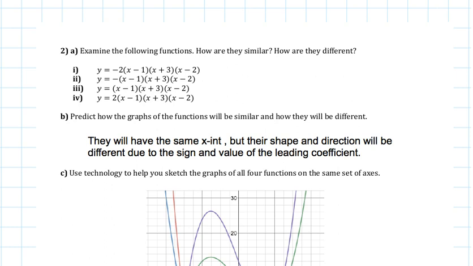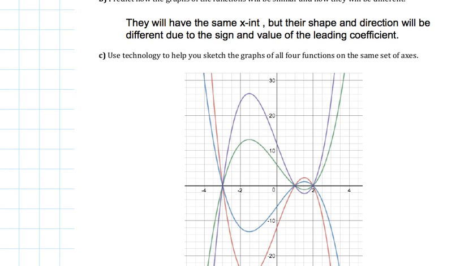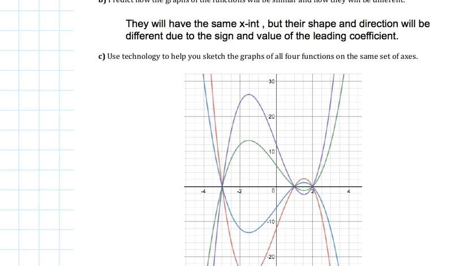So you can graph these using technology, using Desmos. I've already graphed it and I've already put it here for you. All right. So look at the difference, right? The only thing that's the same is that they all intersect at the same x-axis, at the same x-intercepts, right? And then everything else is different.